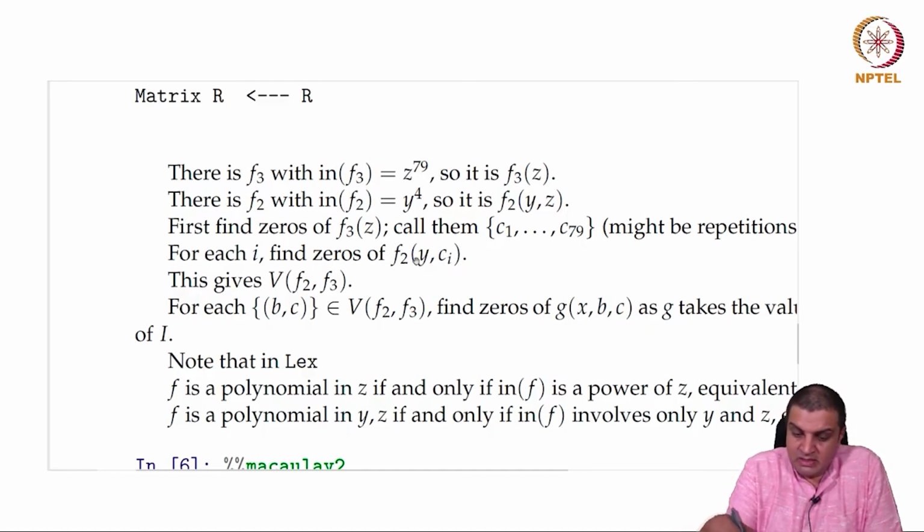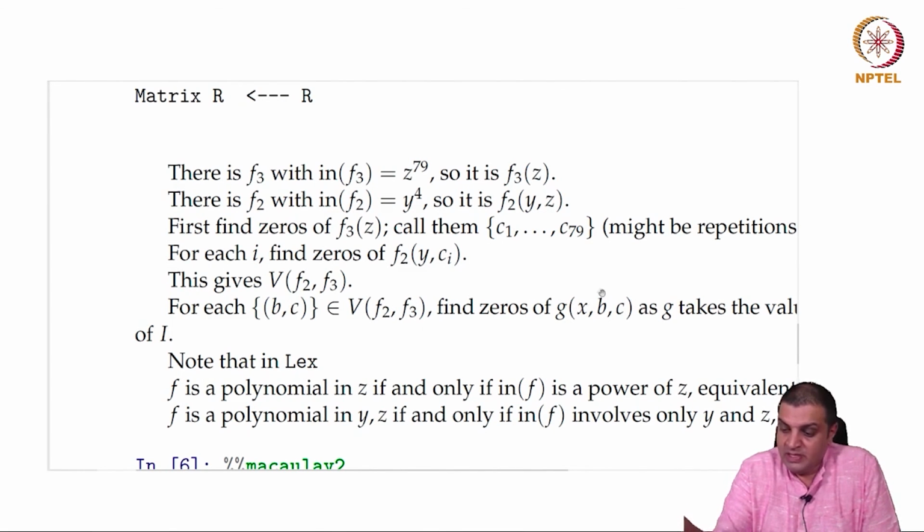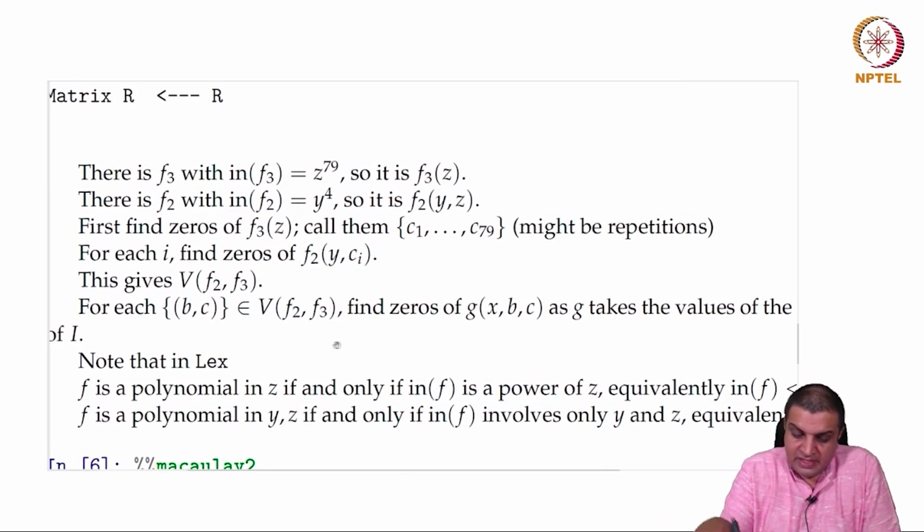This will give us the variety of f2, f3. So instead of finding single variable polynomials, we are doing something like Gaussian elimination. We first solve for the last variable, and then the next one, and then the next one. So for each (b, c) in V(f2, f3), find zeros of g(x, b, c), where g takes the values in the generators.